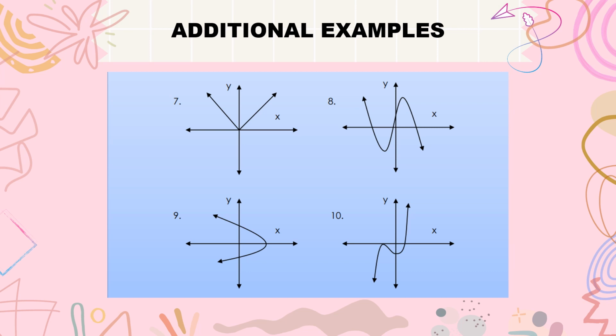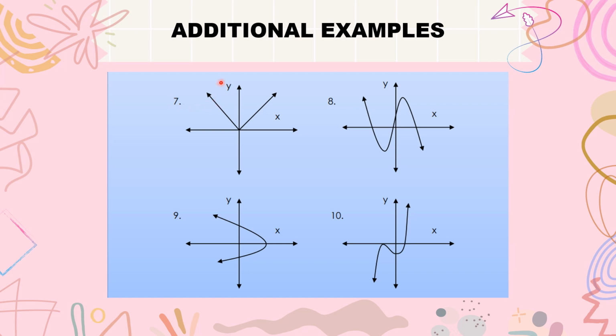For numbers 7 to 10, kapag graph naman, it is a function kapag iisang point lang ang masasagi ng vertical line na idodrawing natin sa kahit saang banda ng graph. Pero kapag 2 or more points na ang masagi ng vertical line, it is no longer a function. So let's have number 7.